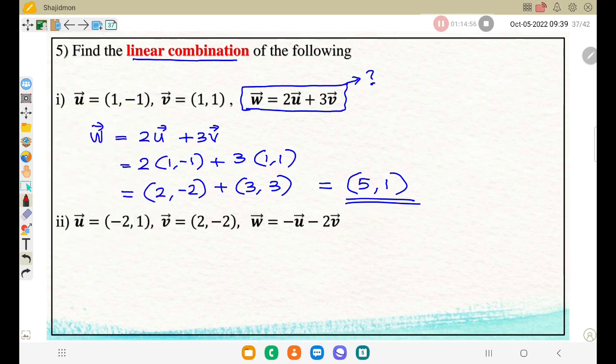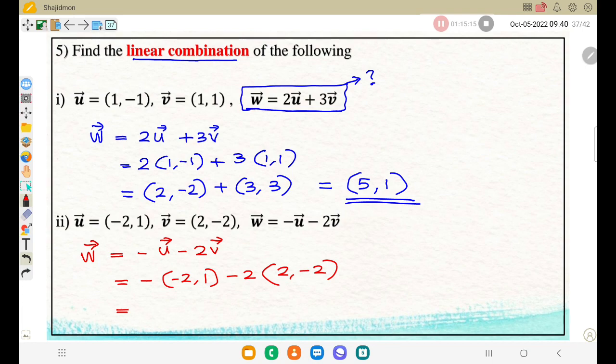Same, one more model is here. w vector equals minus vector u minus 2 times vector v. So minus, what is vector u? (-2, 1), minus 2 times vector v, (2, -2). You can expand that one.